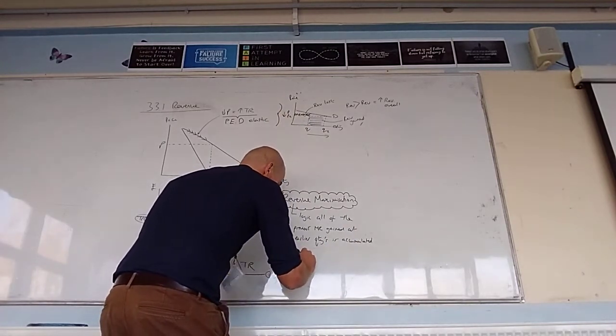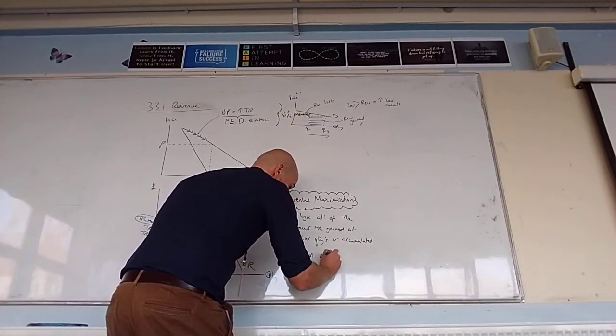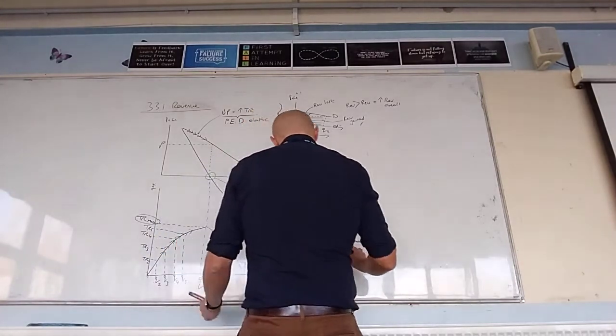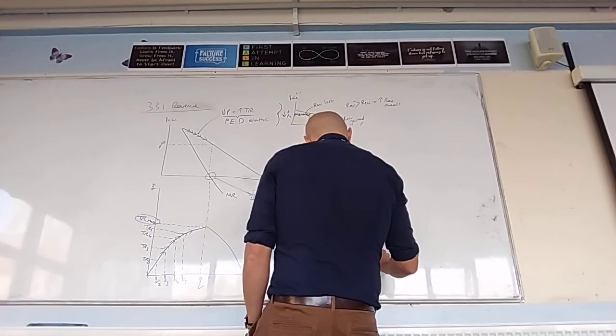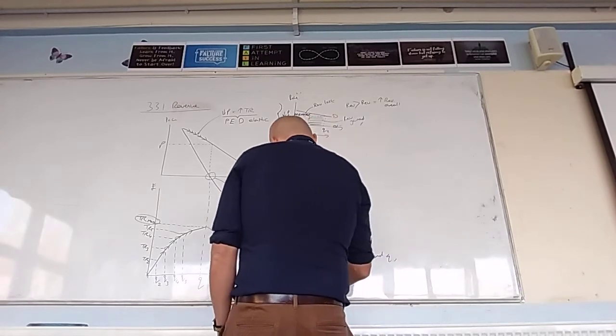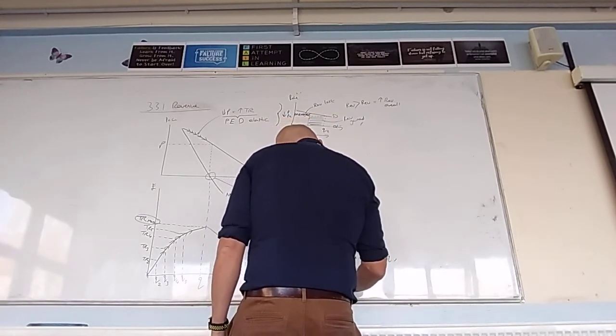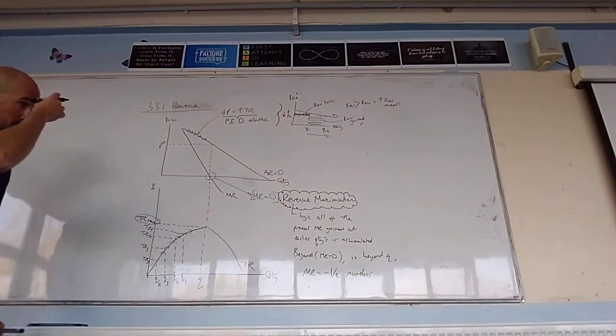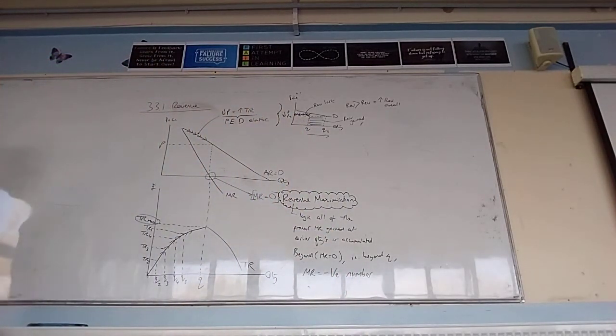But beyond MR equals 0, i.e. beyond Q, MR is a negative number. How could it be a negative number?